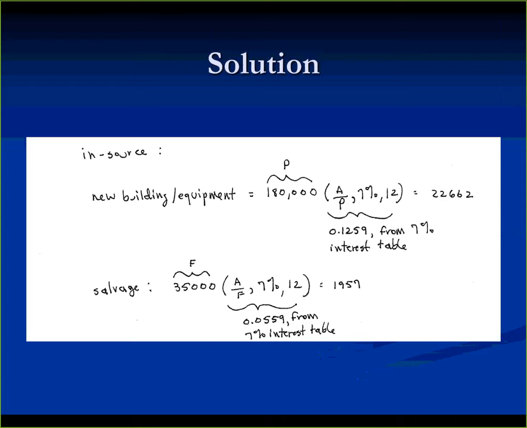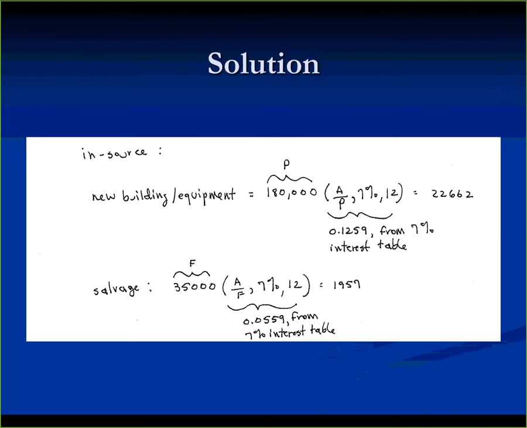Your salvage value is a future value of $35,000. You need to convert that to your A, your annualized factor, using the A over F 7% and 12 calculation. So, again, using that 7% interest table, you're going to read a value of 0.0559.